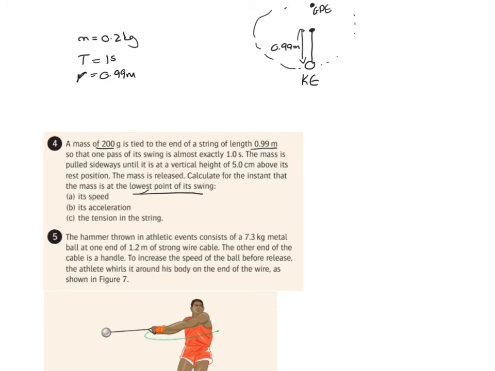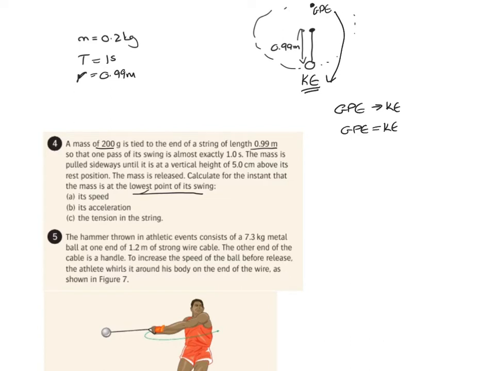So we're assuming that all of that energy goes from gravitational potential energy to kinetic energy at the bottom of its swing, without any resistive forces. Basically, there was no air resistance or friction. So all the energy in the gravitational potential store goes into the kinetic energy store, so they should be equal.